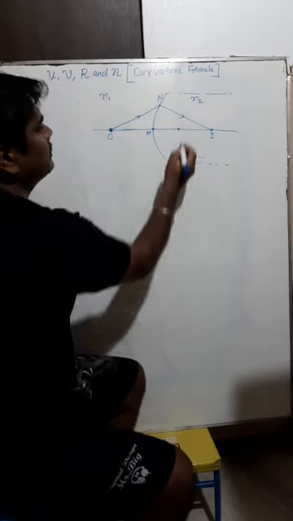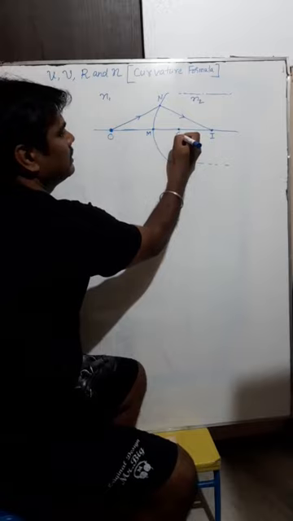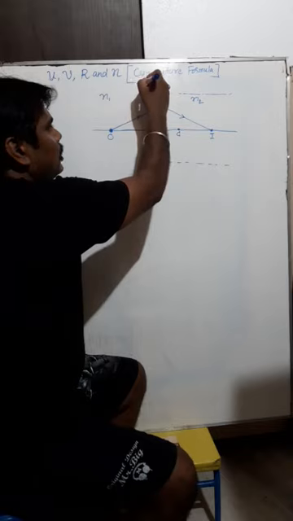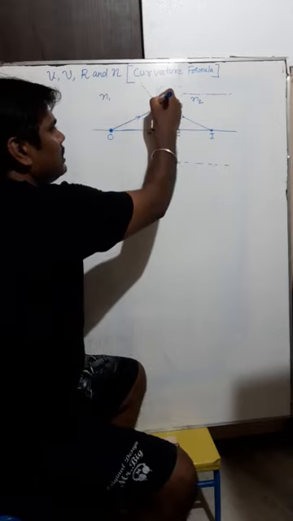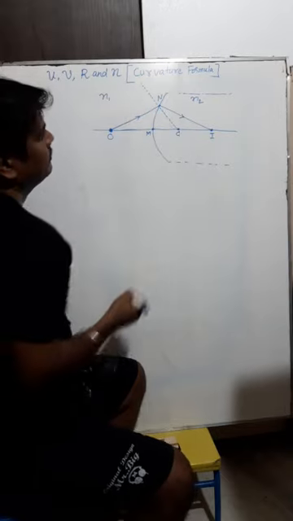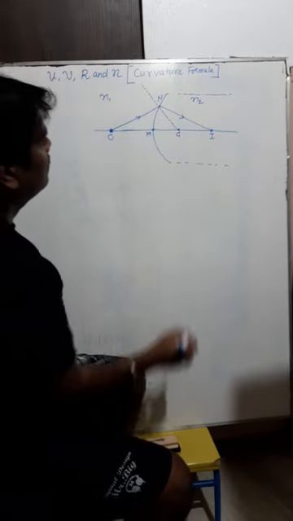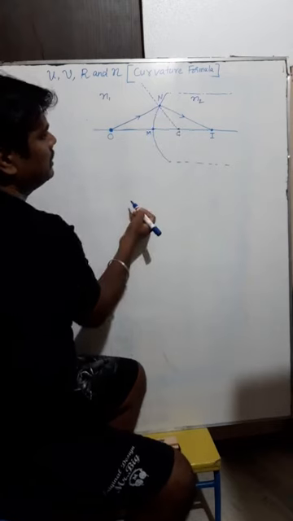That's why it comes here. Center of curvature C. The normal is drawn from the center of curvature to the point of incidence.